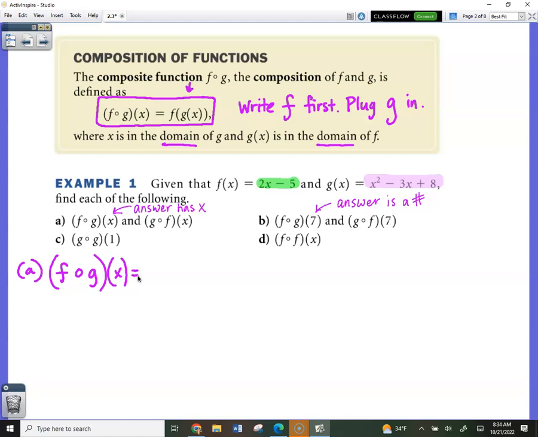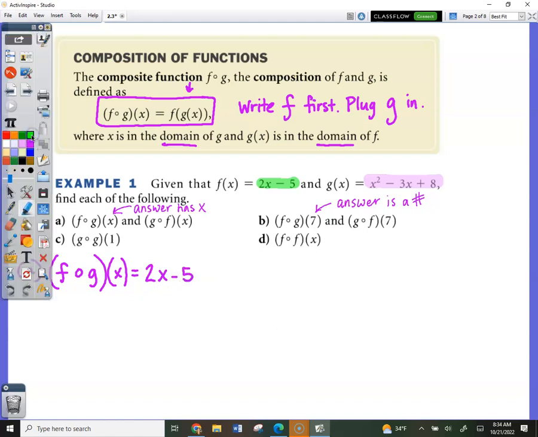Okay, so this is how you read it. It means write the function f first. All right, 2x minus 5. And I'm going to color coordinate. Write the function f. There it is. Now you're going to beep out the x. So repeat this, but you're going to put a big old beep where there's an x.